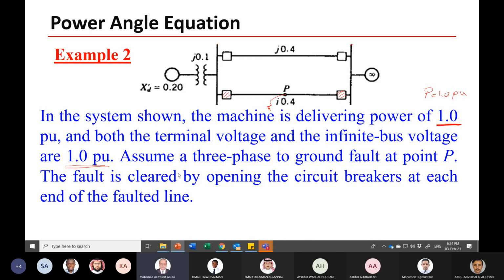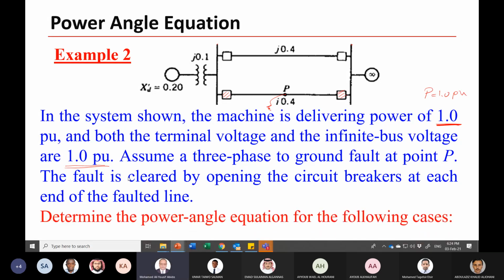So the question here is to find the transfer reactance, or how much power is transferred, during pre-fault and post-fault, or we can ask for the swing equation for pre-fault, during fault, and post-fault.